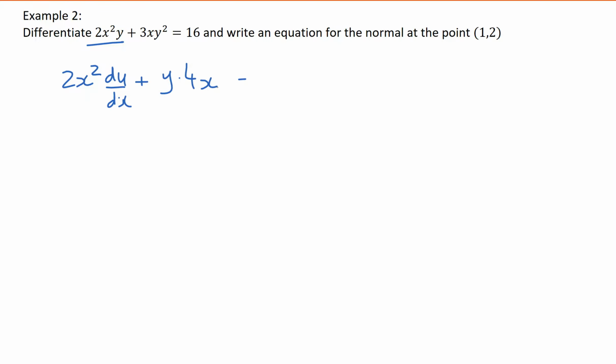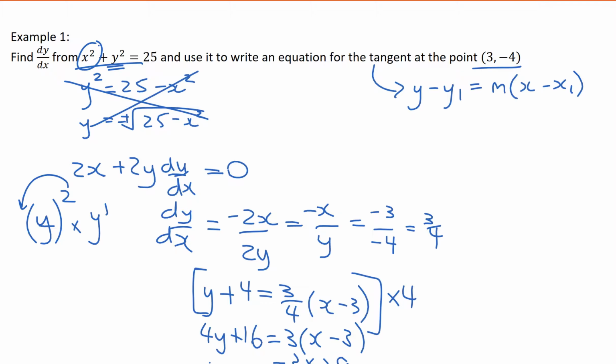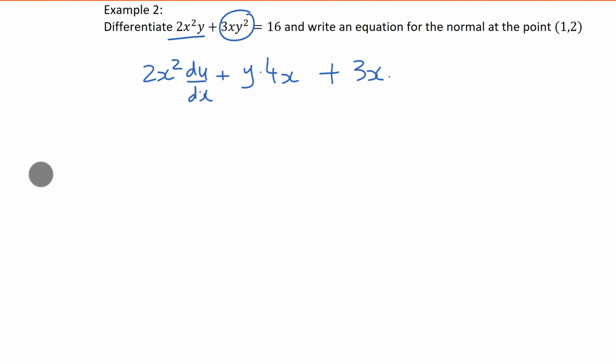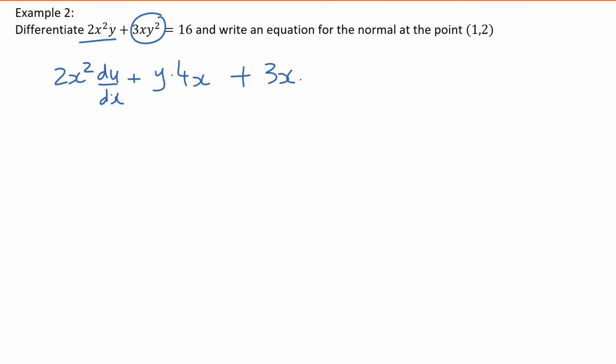Now the second part: write down the first part times the derivative of y squared, times 2y dy by dx. Then write down the second one, y squared, and differentiate the first. Don't forget to differentiate the constant 16 and make sure you make that equal 0.